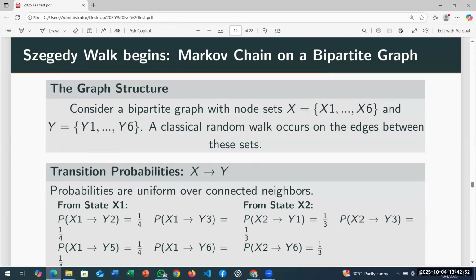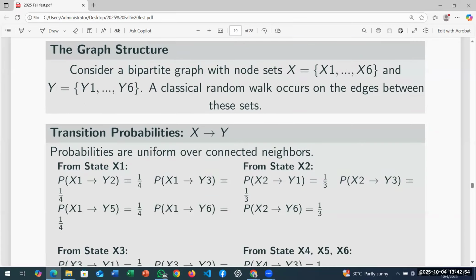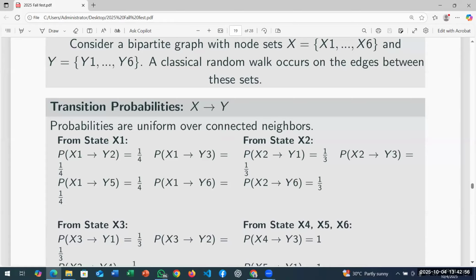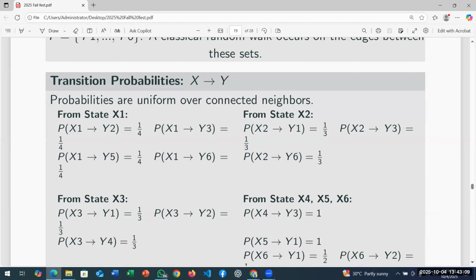This is classical. In the example I gave earlier, we have 1/4, 1/4, 1/4, 1/4. For state 1, the probability of moving from X1 to Y2 is 1/4, X1 to Y3, 1/4, and so on. The summation will give me 1.